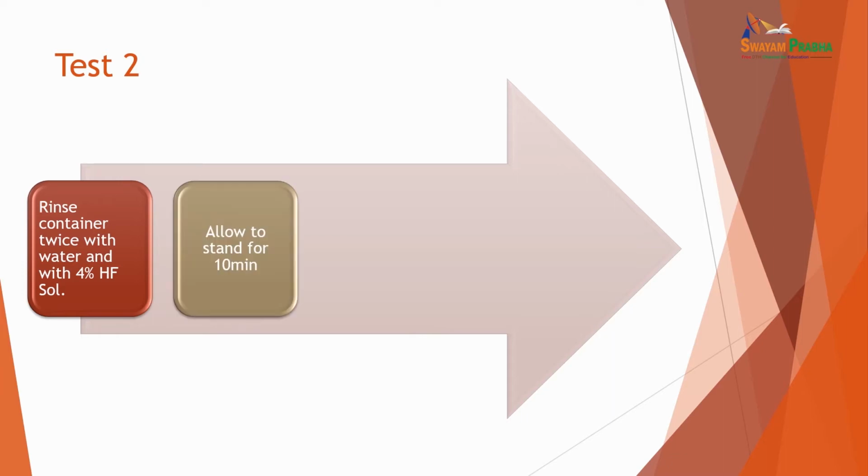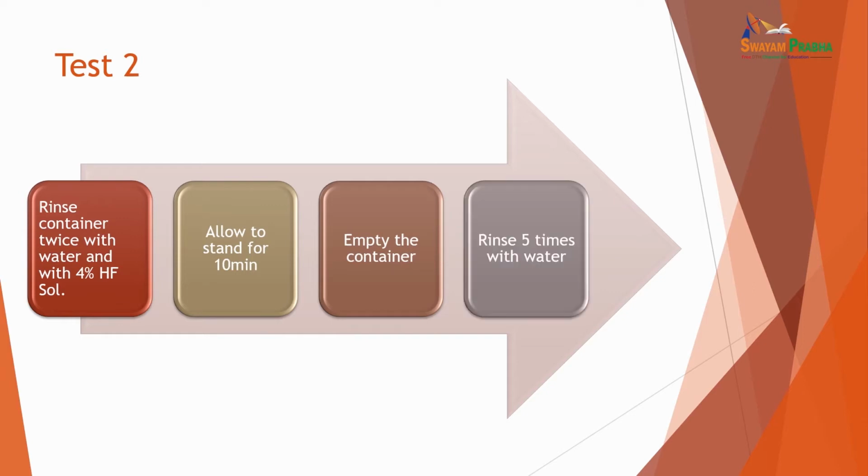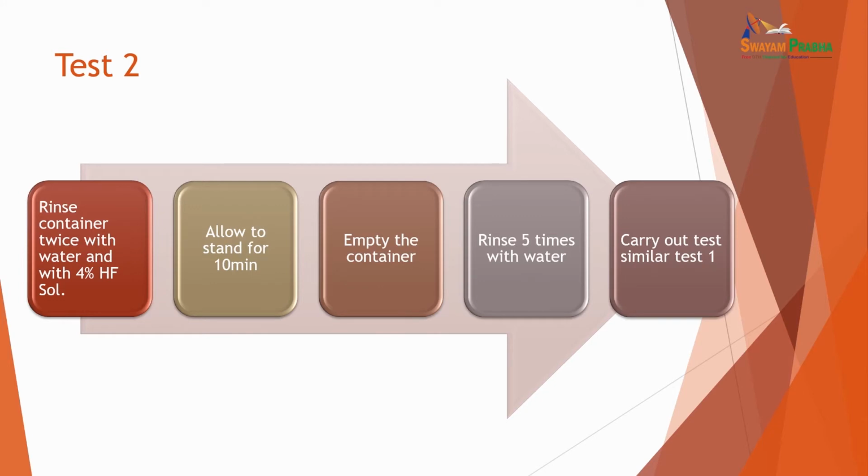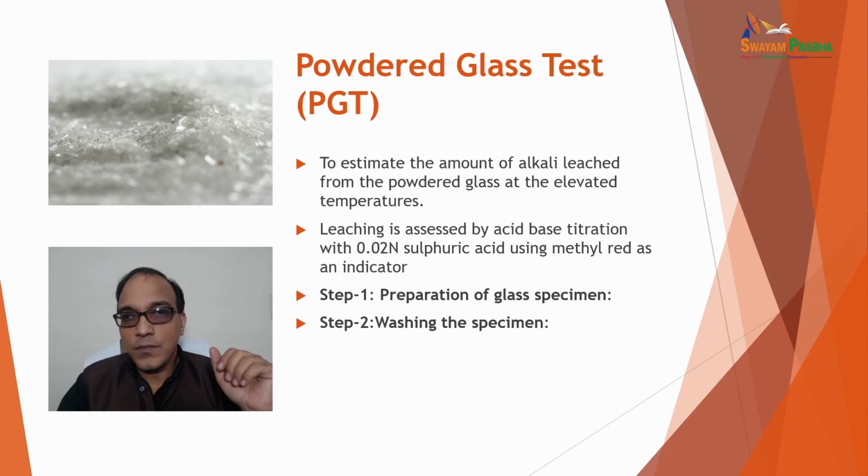Then allow it to stand for 10 minutes. Empty the container. Rinse 5 times with water, and carry out the test similar to test 1, following the same steps adopted in test 1.